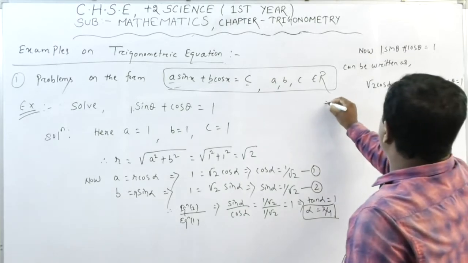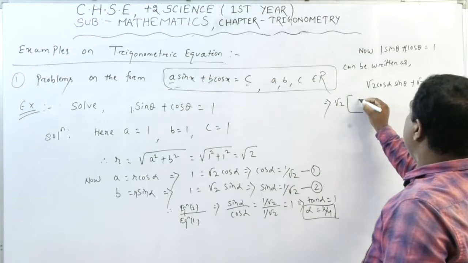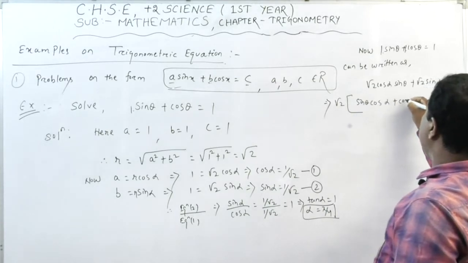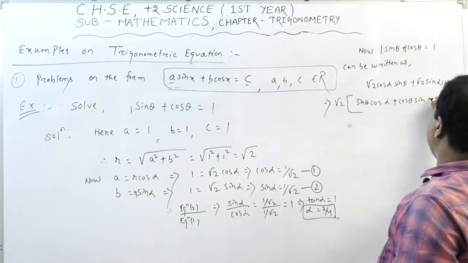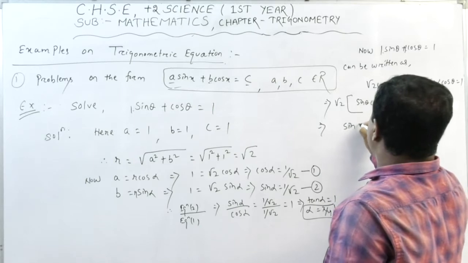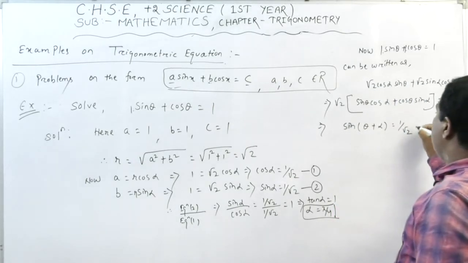Now what is taken common? Root 2 is taken common. What is remaining? Sin theta cos alpha plus cos theta sin alpha equals 1. So we can say sin of theta plus alpha equals 1 on root 2.